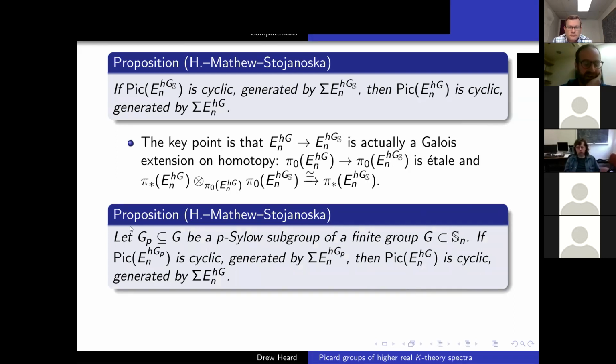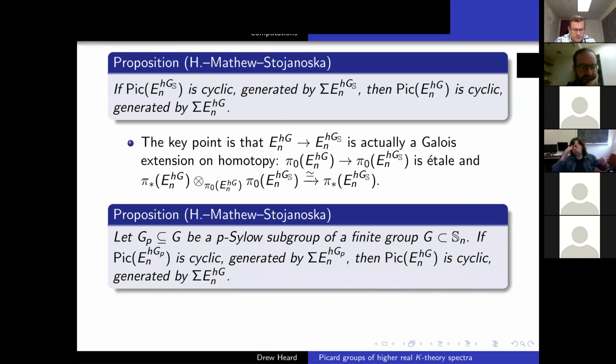The second reduction is that now I pick my G to be something inside of this smaller stabilizer group. Using this first reduction, I just pick some p-Sylow subgroup of that. And now if the Picard group with respect to this smaller subgroup is cyclic, again generated just by the suspension, then the Picard group of the whole thing, this bigger group, is cyclic.